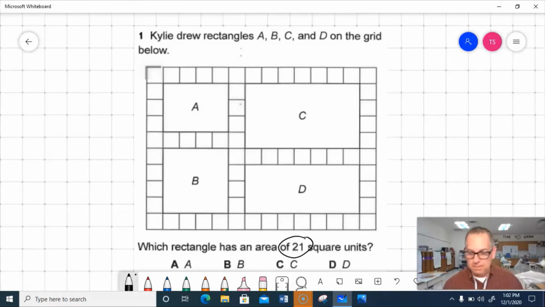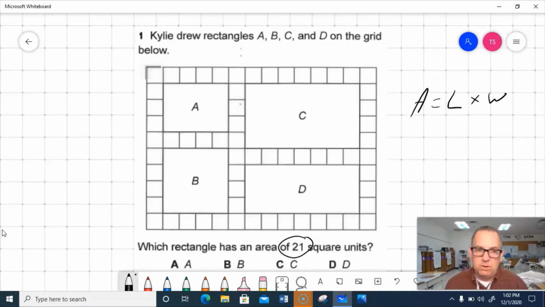We know that to calculate area, area is equal to length times width. Since the rectangles themselves are not gridded, we're just going to use the length and the width to calculate the area.